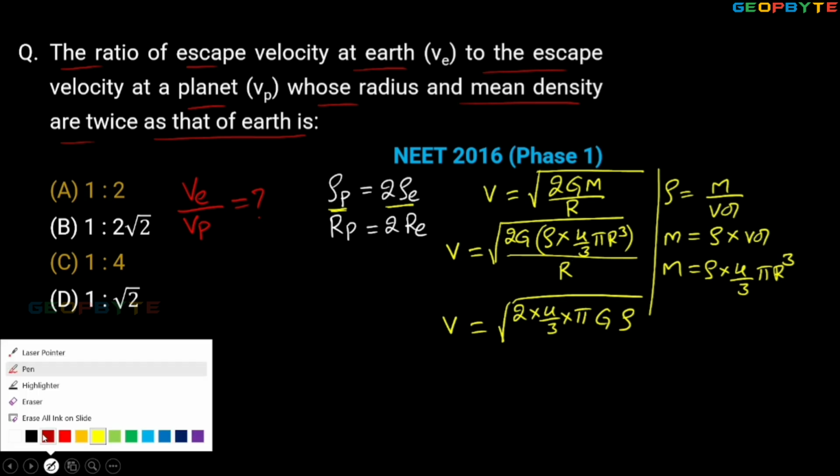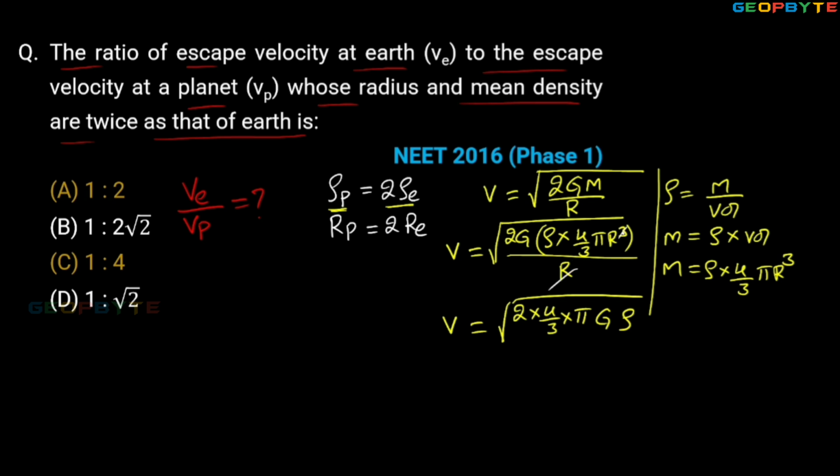One r will be cancelled. Here it is r square. Okay, but it is given only the density variation and radius variation. From this, I can say that the escape velocity is directly proportional to root over rho r square, because G remains constant.